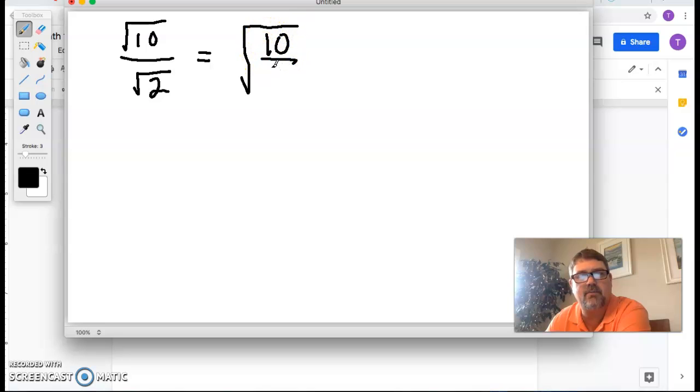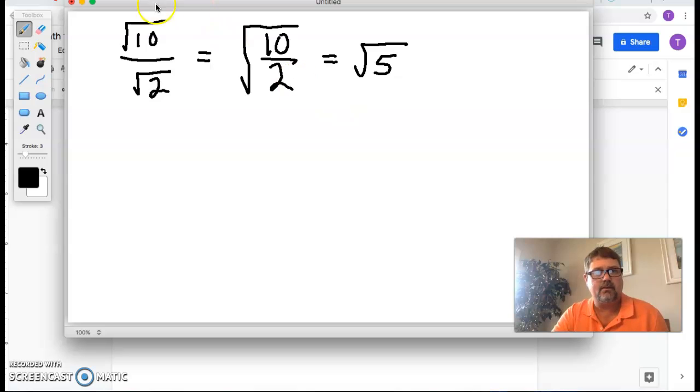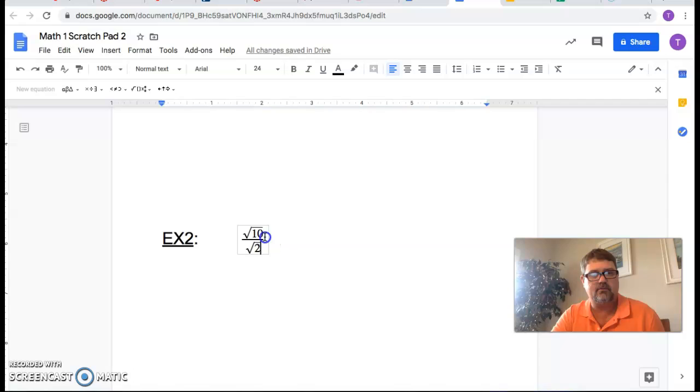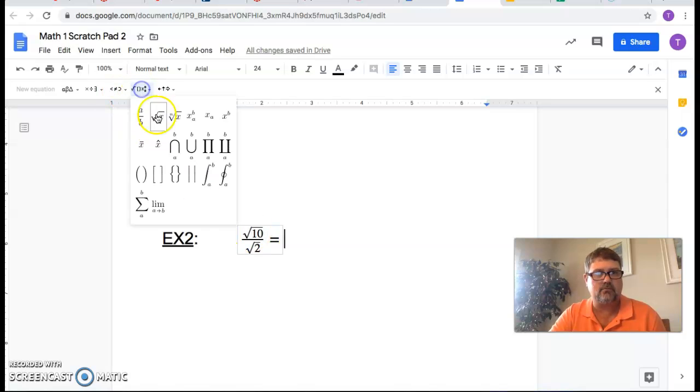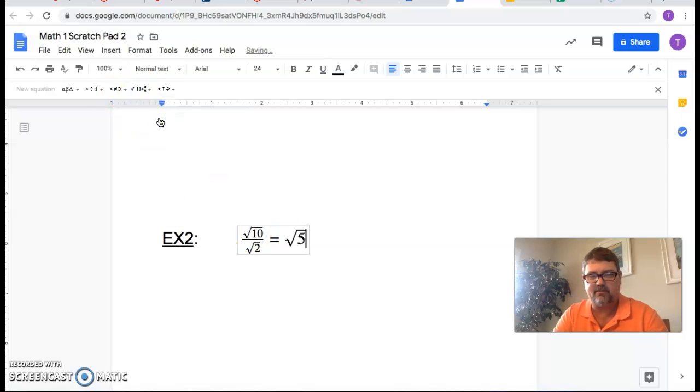Since 10 is divisible by 2, this is your quickest way out. 10 divided by 2 is 5, so this is equal to the square root of 5. We'll come back to this in another example in another video, but for now this is what we need to know how to do. Just remember that, and we'll come back to it.